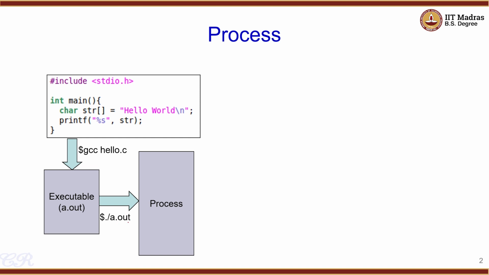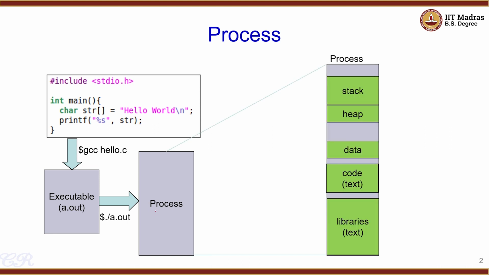Now, executing or performing this operation ./a.out essentially creates a process, right? And the contents of this process, as we've discussed earlier, would have the code section, or it's often called the text.